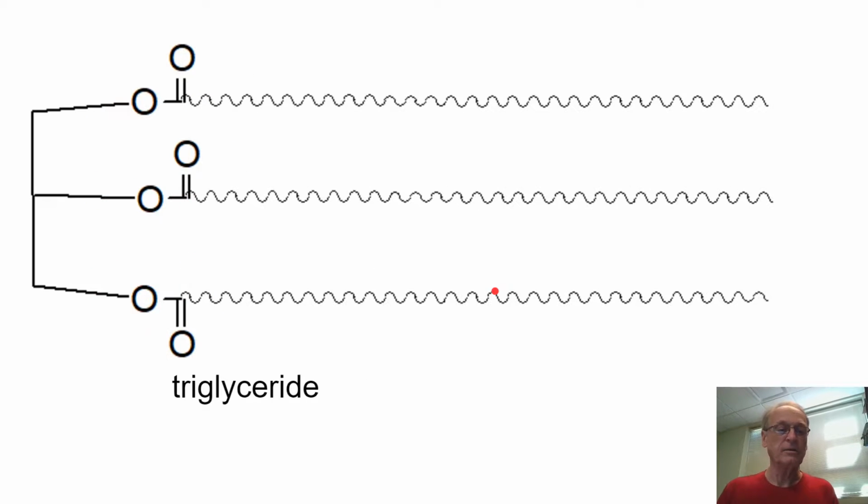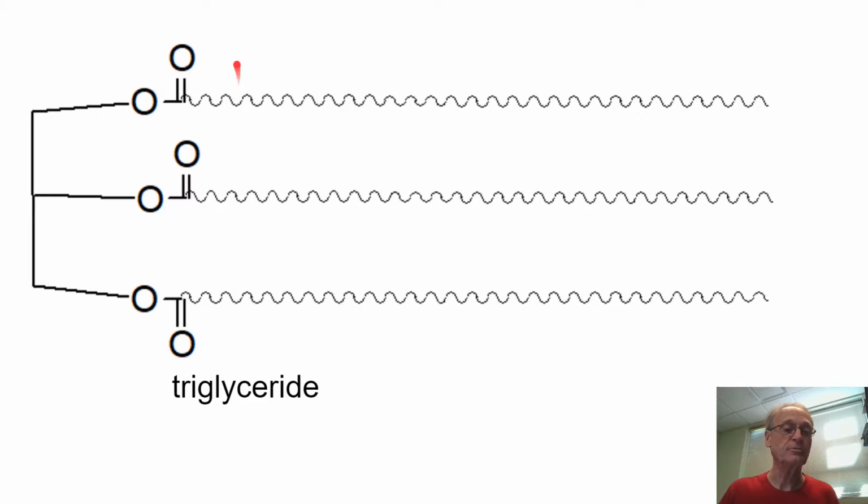Then notice that I've drawn it again here, but this time I've attached the fatty acid onto the oxygen of the glycerin. So this part right here comes from the glycerin. This part right here, repeated 3 times, comes from 3 different fatty acids. So what is this now? If you have a C double bond O with a single bond O and a carbon attached to the single bond O, then that's called an ester.